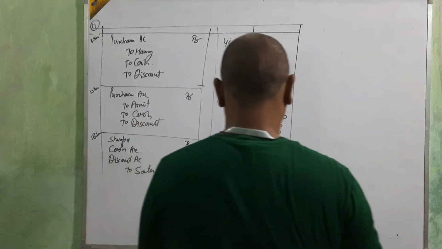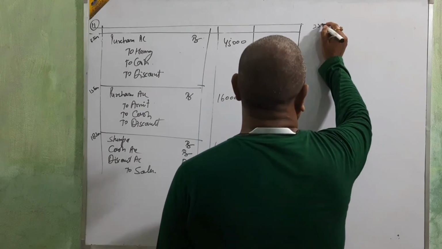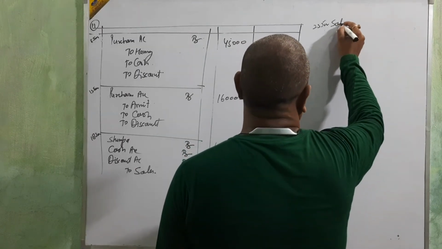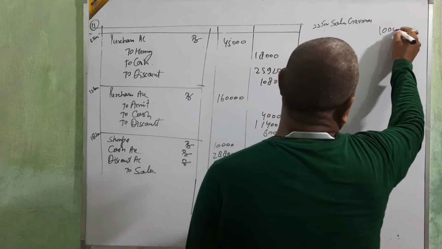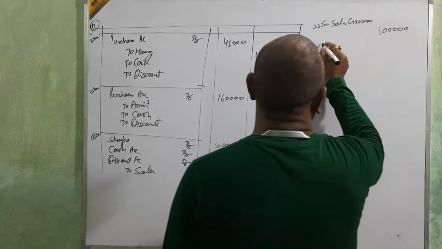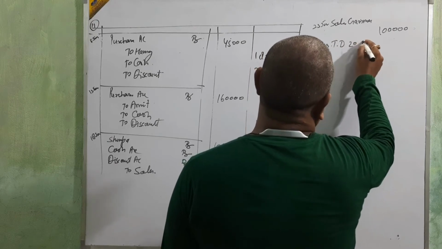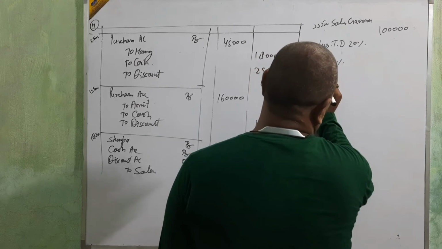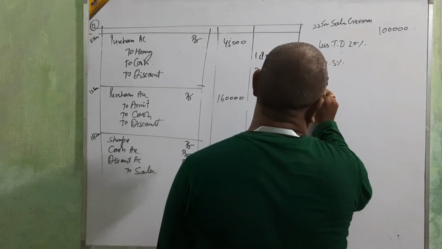25 Jan. Sold goods to Garima for 1 lakh. Allowed her 20% trade discount and 5% cash discount if the payment is made within 15 days.